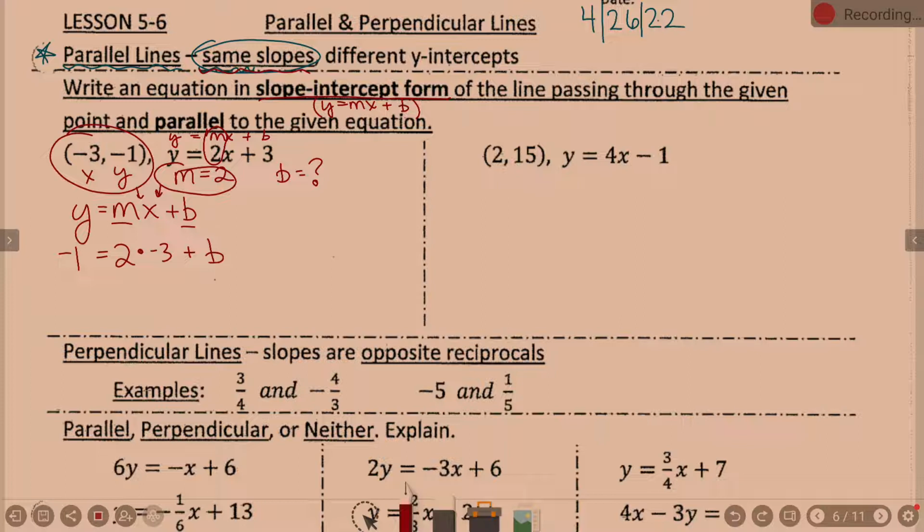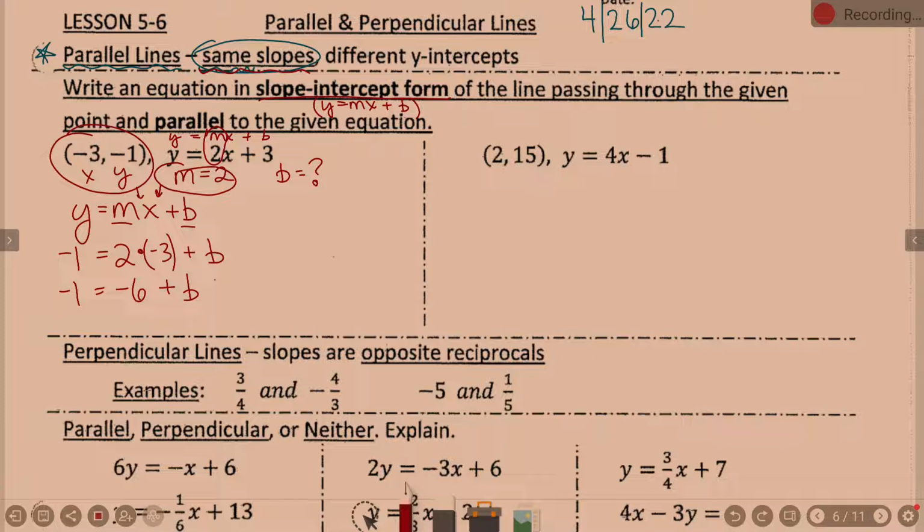And then plus b. Your job is to find b here so we can write this equation. -1 is -1. What's 2 times -3? -6 plus b. How do I solve for b and get b by itself?